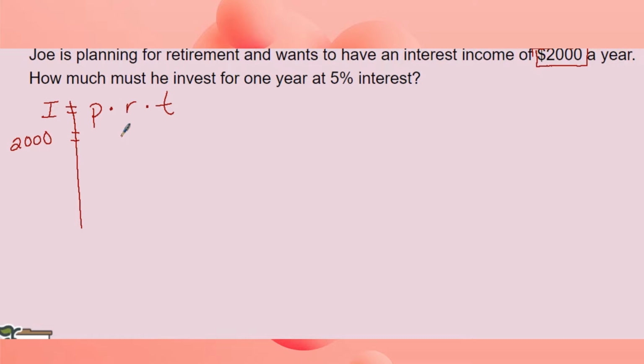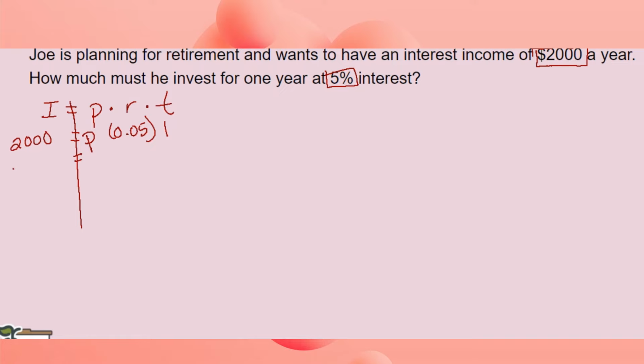Our principal, that is unknown. It says how much must he invest for 1 year at 5% interest. So the principal is unknown, and I'll just use P. Our rate is 5%, and remember to represent your rate as a decimal. So that's 0.05. Our time is 1 because we're trying to earn $2,000 each year, or for 1 year.